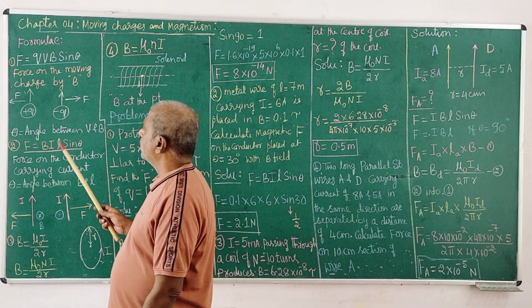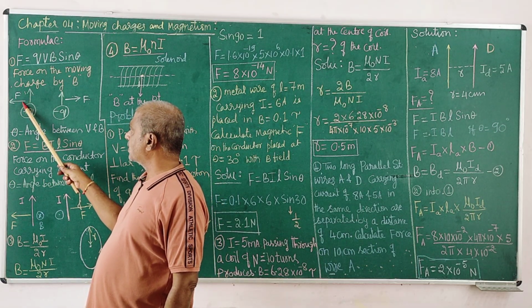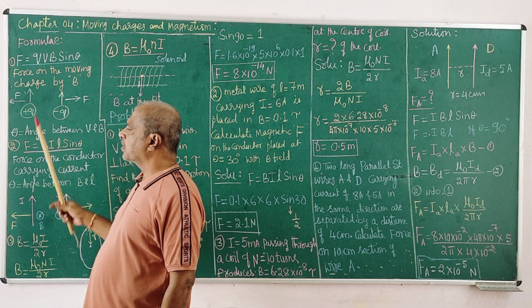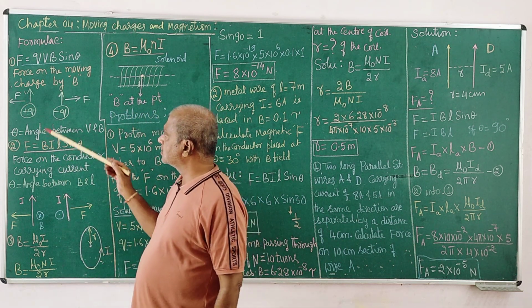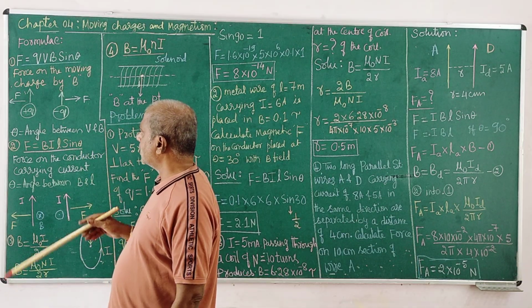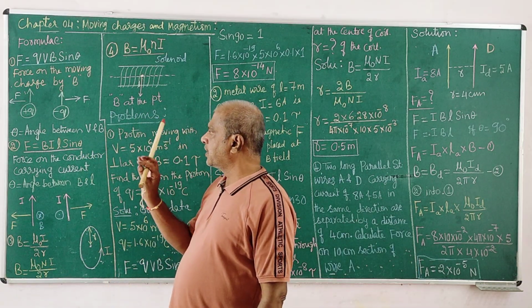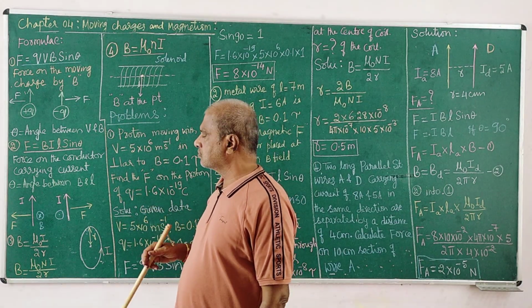We have two vectors, F and V, the velocity vector and the force vector. The resultant of these two vectors will keep the moving charges in circular motion. The positive charge will circulate in this anti-clockwise direction, in circular motion.